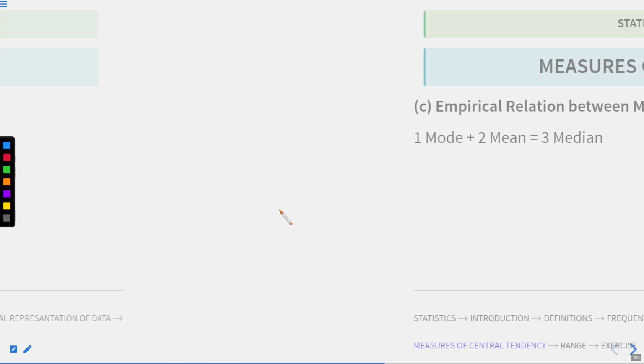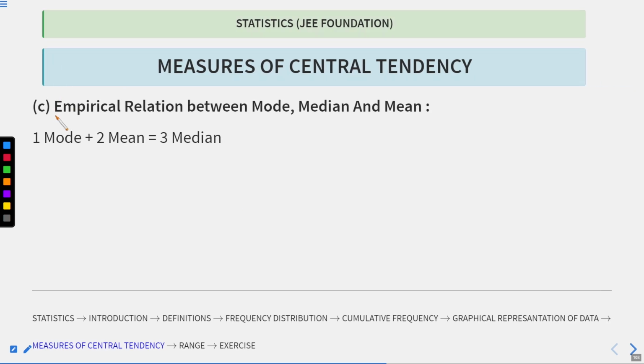Let's move next. Now let's see the relationship between mode, median and mean. 1 mode plus 2 mean is equal to 3 median. If you have difficulty memorizing it, just recall it like this: 1 plus 2 equals 3. In median we have 6 letters, and 6 divided by 2 is 3.